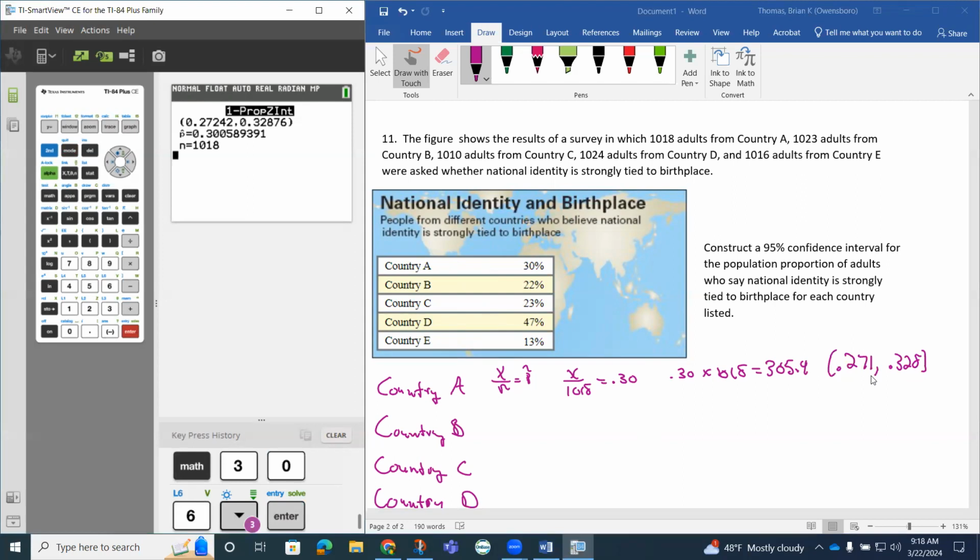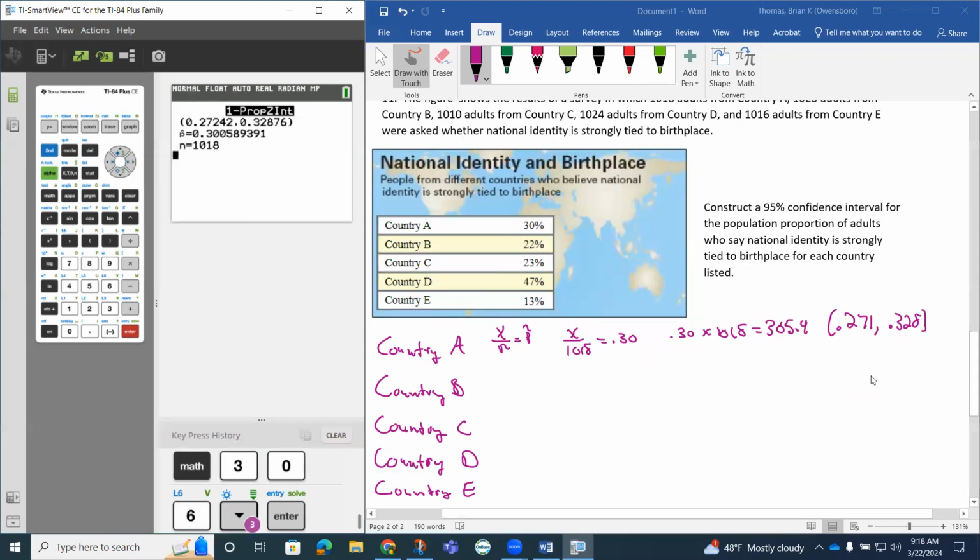If we do another example here, you kind of see the pattern. Country B, basically what I need to do is figure out the number of people who actually believe national identity ties into the birthplace. In country B, again, not a whole lot of people, well, there's some, but it's not a majority of the people believe that.